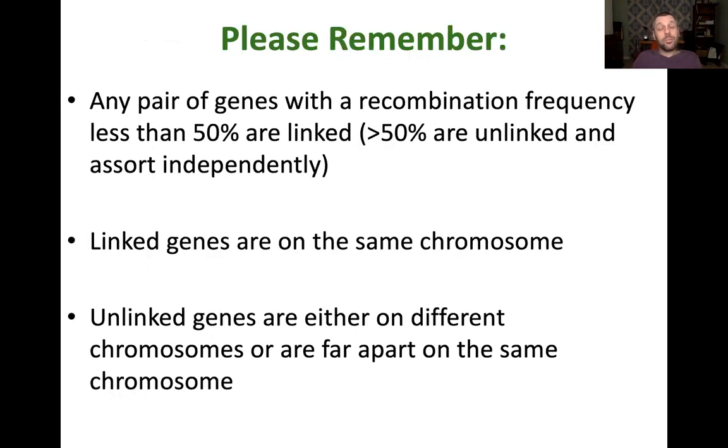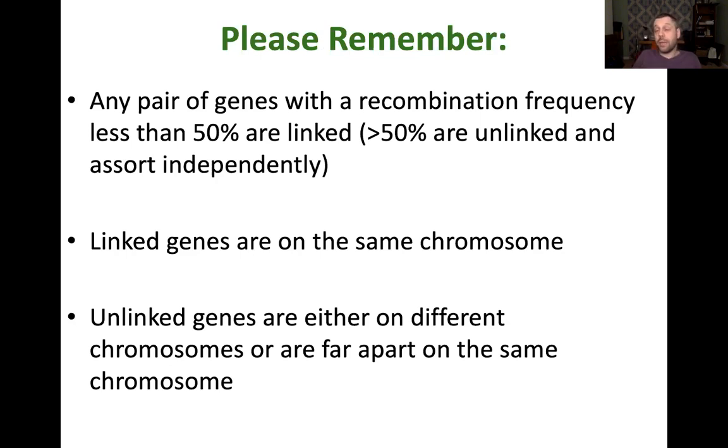I've talked a little bit about recombinant offspring and how that number is always lower than non-recombinant offspring. Some important facts to remember going forward: if a pair of genes has a recombination frequency of less than 50%, they are linked.